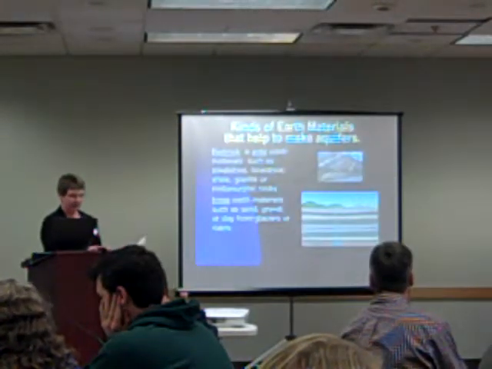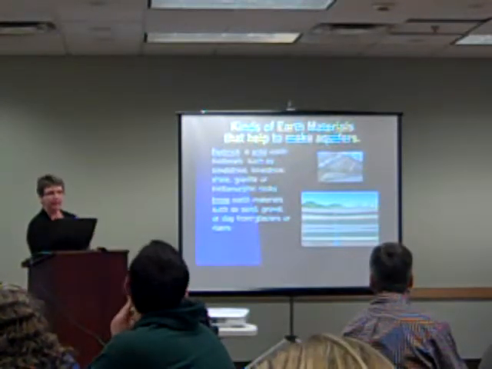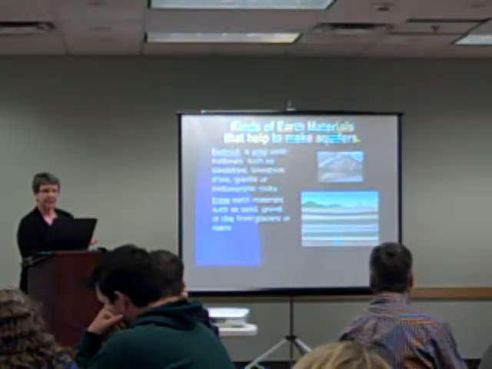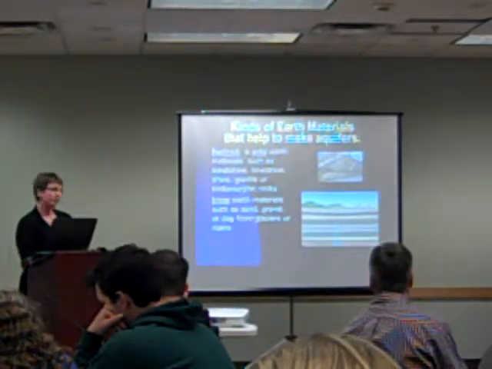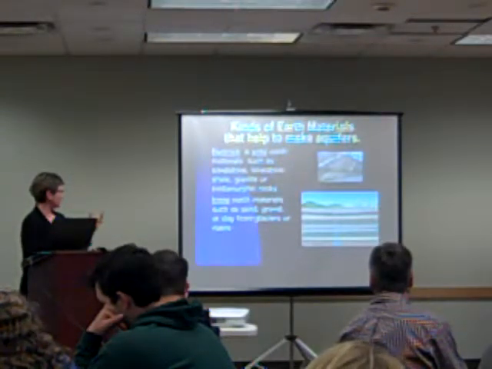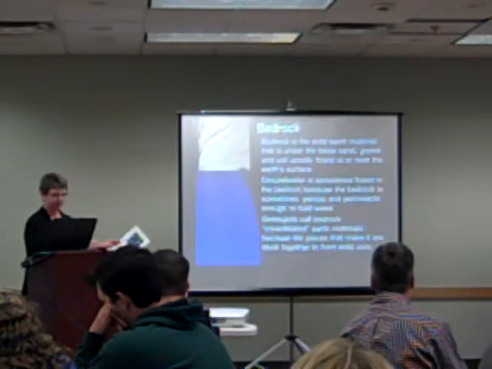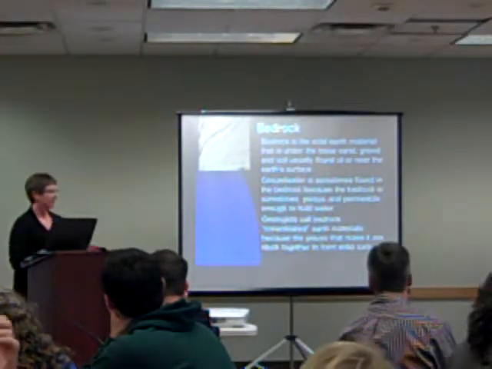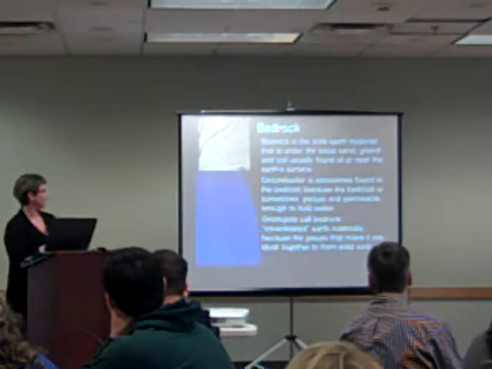All right. So there are different kinds of earth materials that help make up an aquifer. There's bedrock, which is a solid earth material, such as sandstone, limestone, shale, granite, or metamorphic rocks. And then there's loose material, such as sand, gravel, or clay, that was formed from glaciers or rivers. Bedrock is solid earth material that is under the loose sand, gravel, and soil.